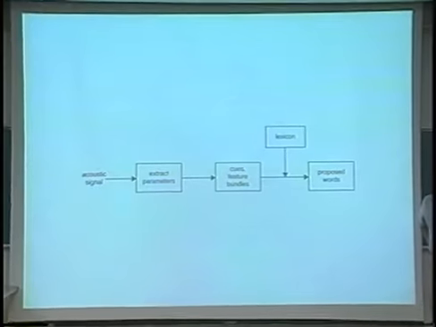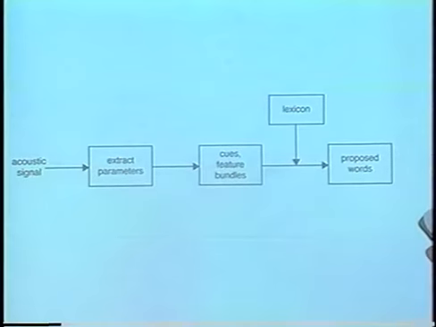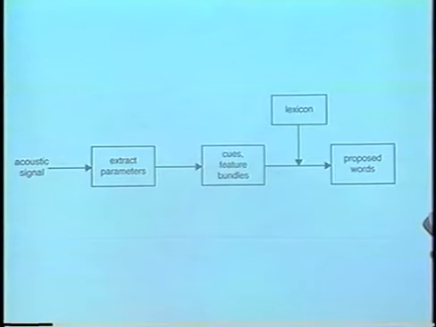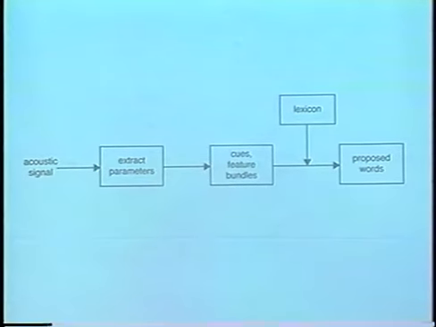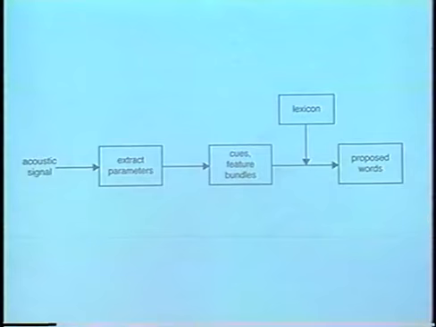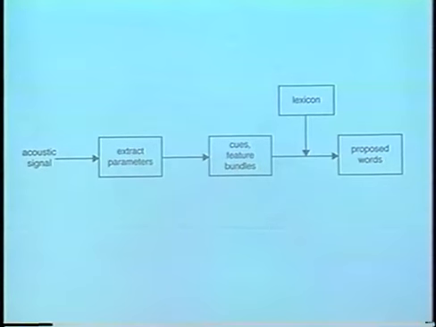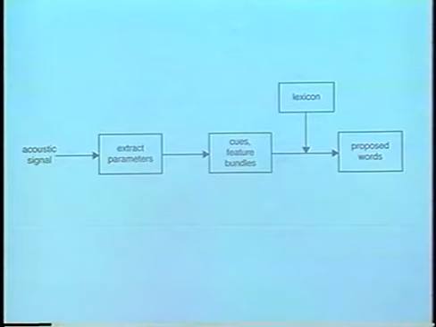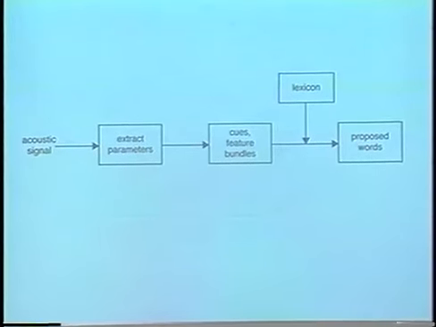In the course of doing this, I'll give a little background on what we think of as distinctive features, and then talk about where those distinctive features come from, what their acoustic correlates are, and then discuss some of the sources of variability in the acoustic manifestation of these features, both something we call enhancement and something that people have called gestural overlap. And then finally a little bit about how this model might be revised.